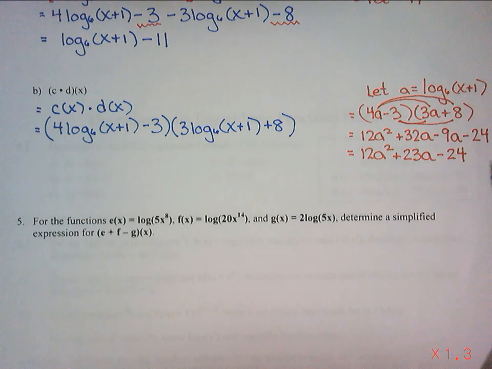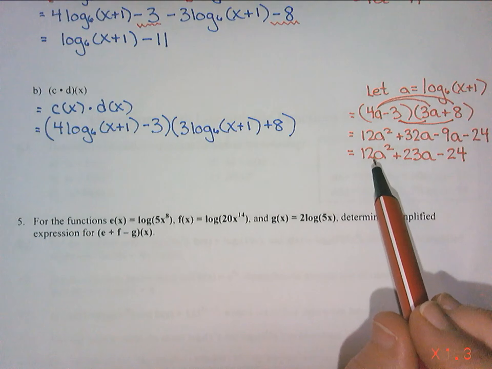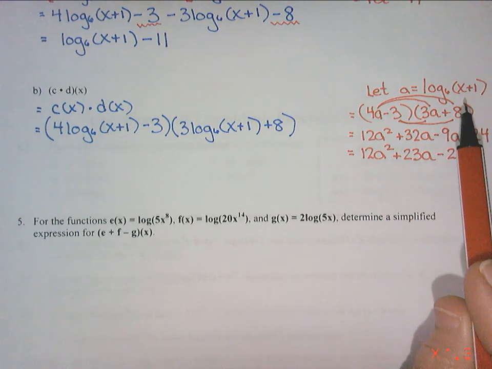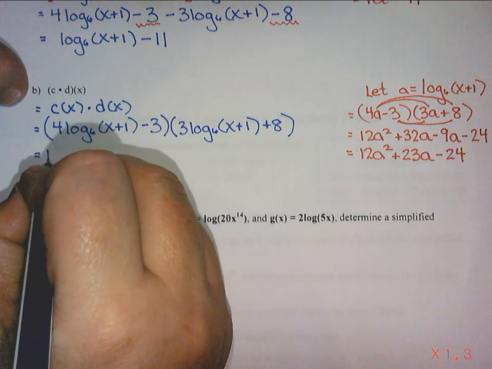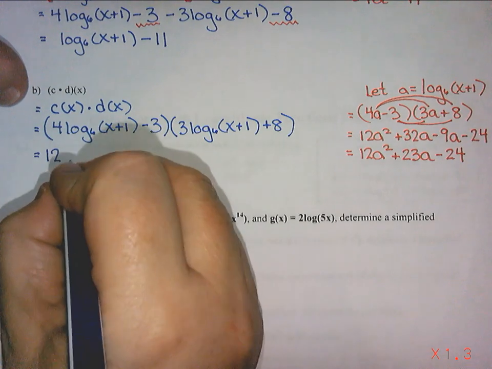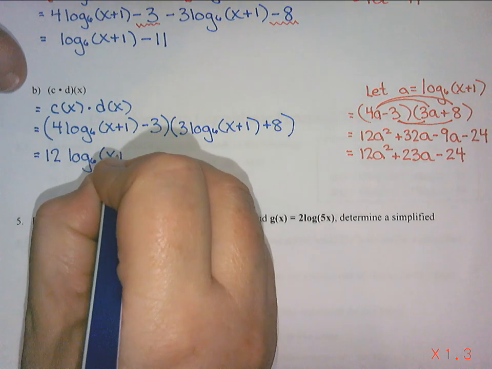Once you've multiplied, collected up your like terms, all I need to do is take out the A and put back in log base 6 of X plus 1. So this is going to equal 12 times A squared. So that is log base 6 of X plus 1.